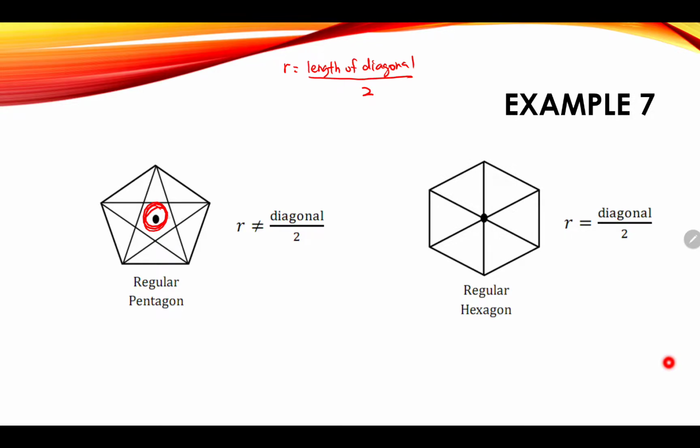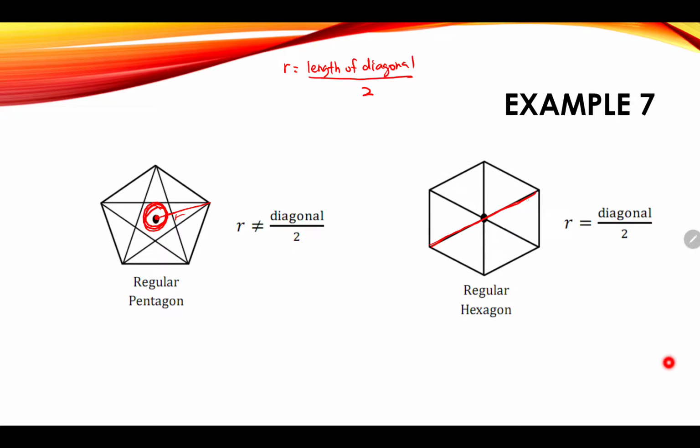Nak cari R. Kita tahu R adalah a line joining the center and the vertex kan. So, kita tak boleh lah nak cari R kat sini. But if the polygon has a diagonal that passes through the center like this, okay, diagonal ni dia lalu center, so kita boleh cari R using this formula, diagonal divide by 2.